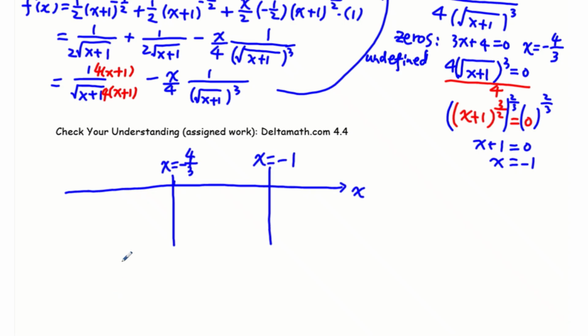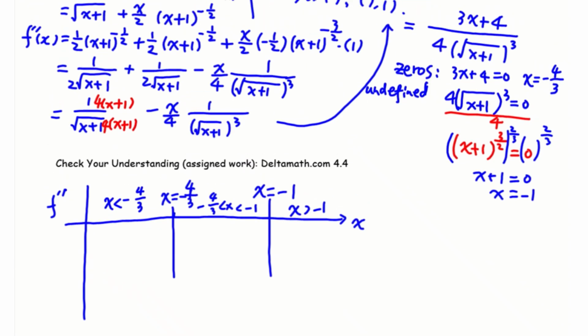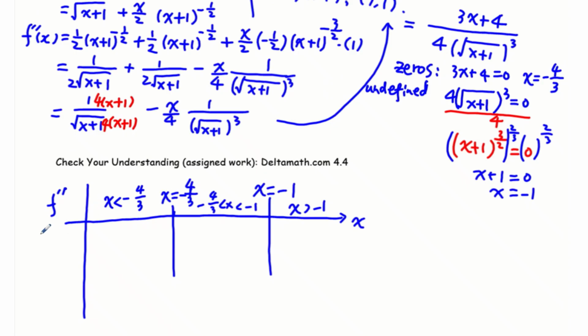So we have these two, one zero for the numerator, another zero for the denominator, then f double prime. This one is x less than negative 4/3. This is between negative 4/3 and negative 1. This is greater than negative 1. And for f double prime, the numerator is 3x plus 4 and the denominator is 4 times the bracket square root of (x plus 1) to the exponent cubed.